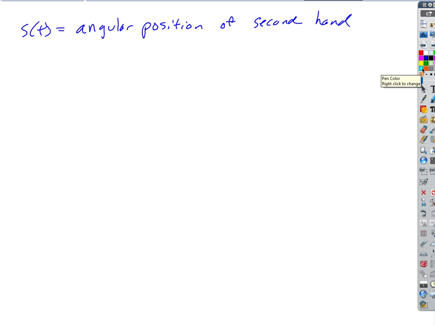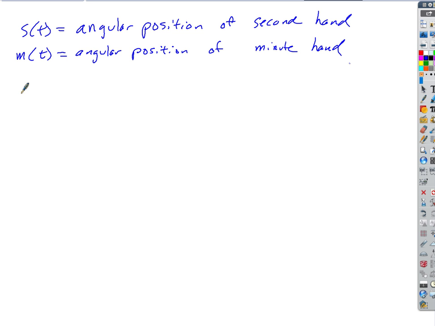Okay, let's call M of t the angular position of the minute hand. And what's h of t going to be? Angular position of the hour hand. Okay.